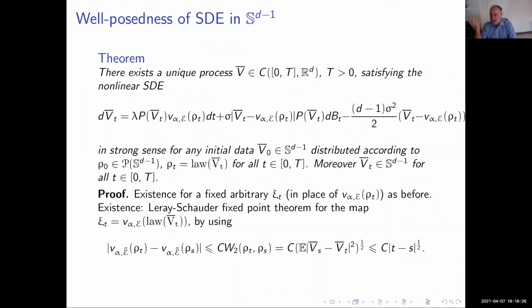And so you construct a map that maps a certain type of monoparticle system into another monoparticle system, and you try to prove that this map essentially has a fixed point, and for that you use the classical Leray-Schauder fixed point theorem, and that's how you prove this kind of existence.